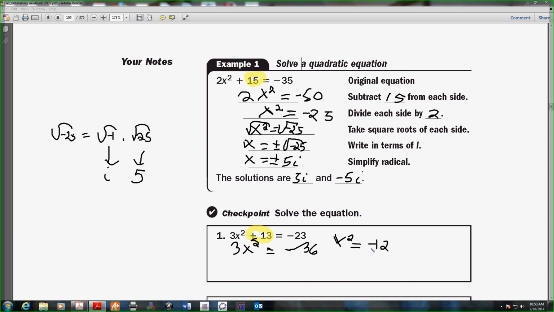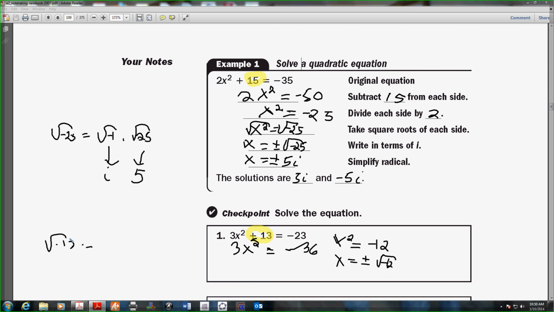I take square roots to both sides, so I'm going to have x equals plus or minus the square root of negative 12. But then we go back again. What is the square root of negative 12?